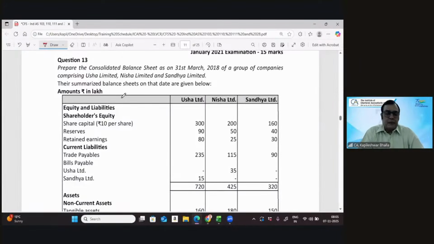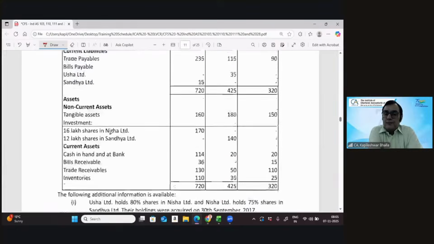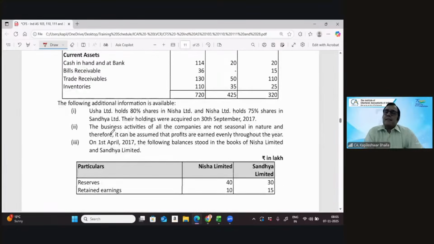We are given: prepare a consolidated balance sheet as on 31st March 18 for a group of companies comprising Usha, Nisha, and Sandhya. So we're given the balance sheets of all these three companies. And then it says in the additional information, Usha has got 80% shares in Nisha, and Nisha has got 75% shares in Sandhya.